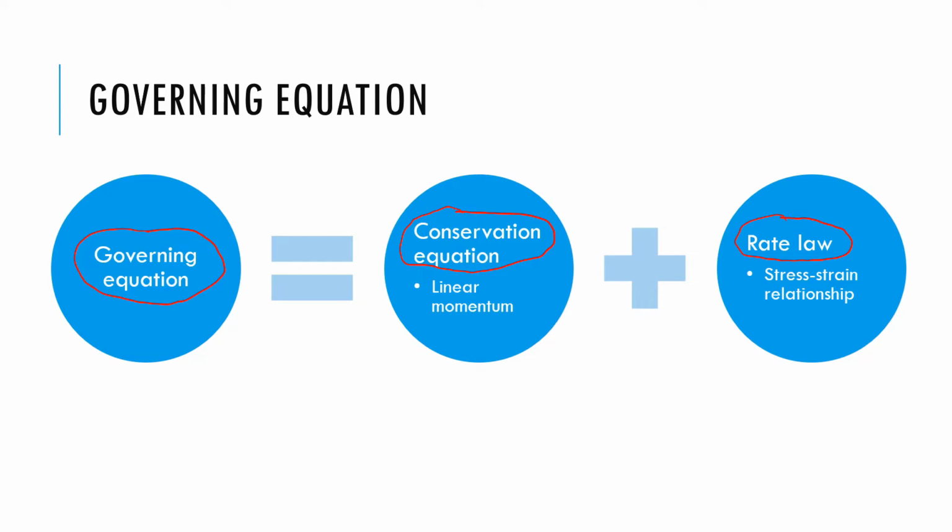And so the relevant conservation equation here is conservation of linear momentum, which we'll describe in the next slide, that we combine with a rate law. The rate law gives the stress-strain relationship, and for the simplest linear elastic material, this is like Hooke's law.